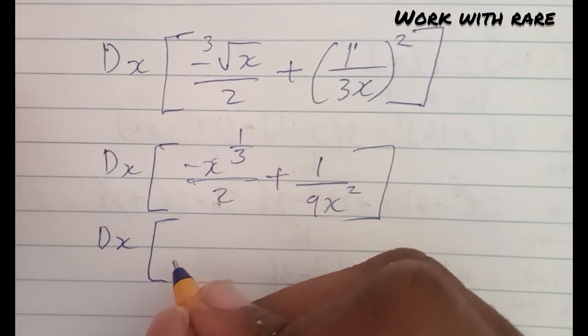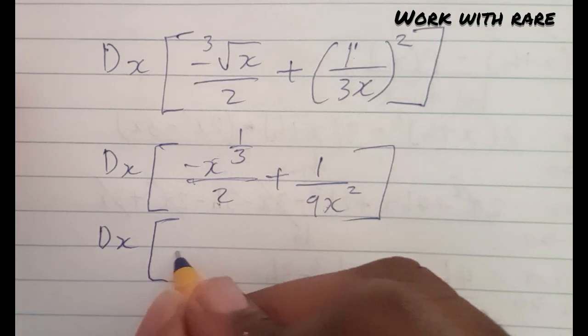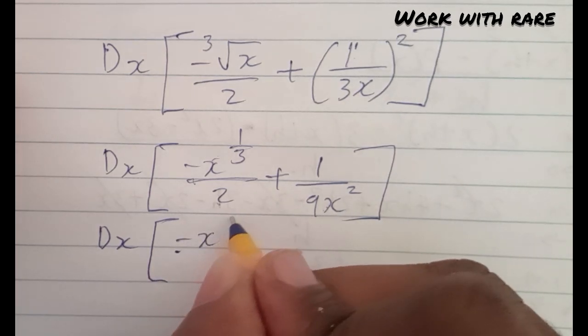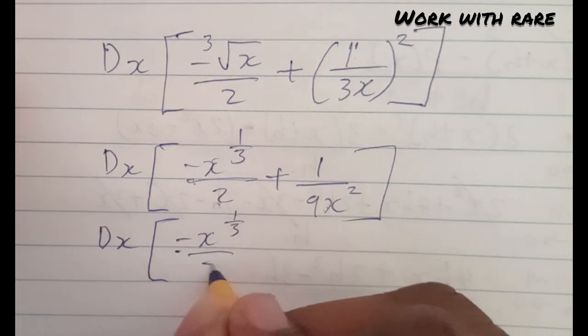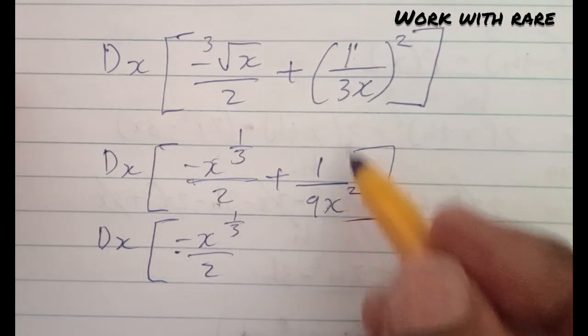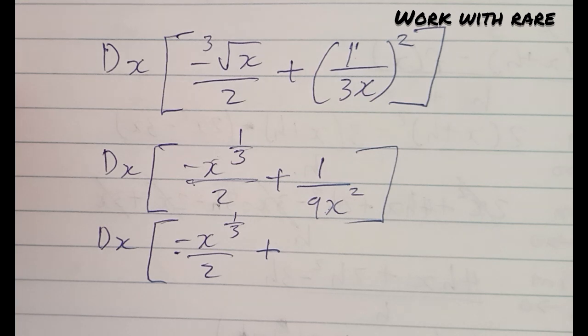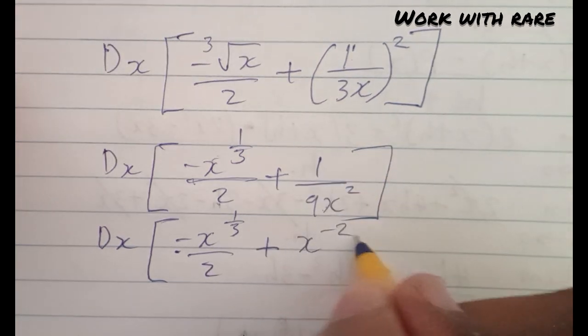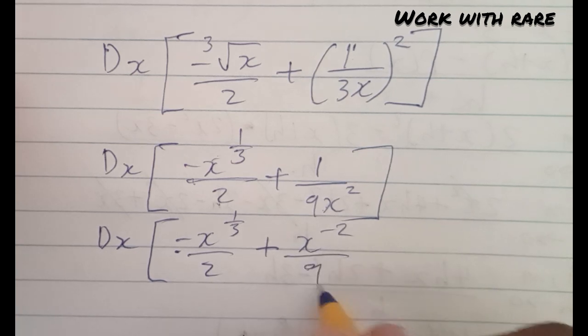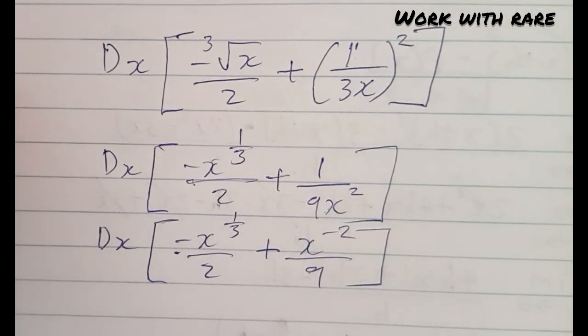Now we'll have negative x here, and now I take this to the top. Now when I take it to the top, my exponent will change, so now I'll have x to the exponent negative 2 because now it's on the numerator, from the denominator.